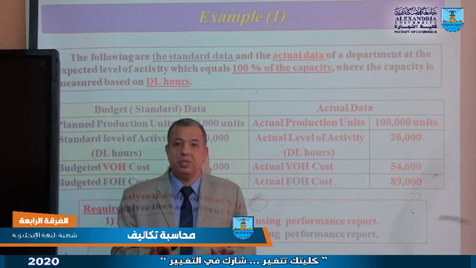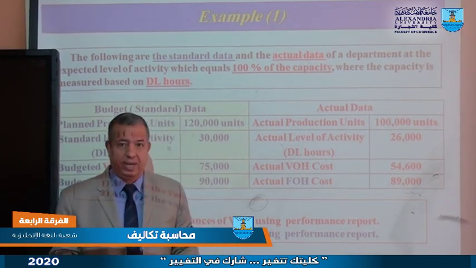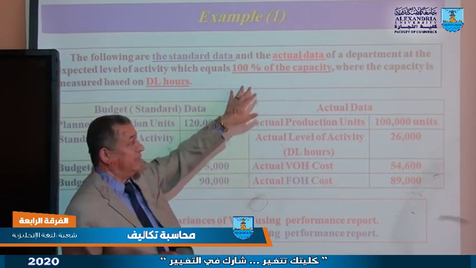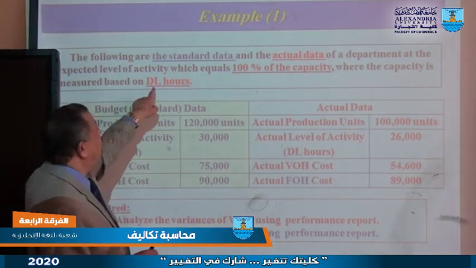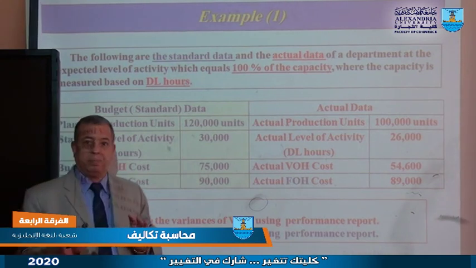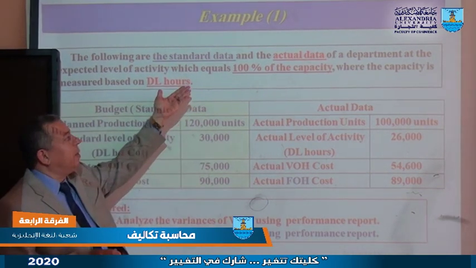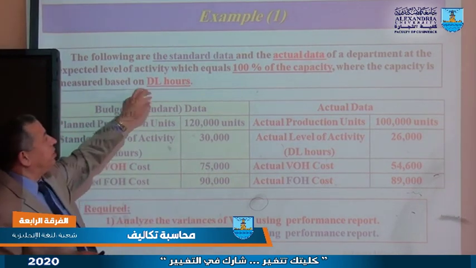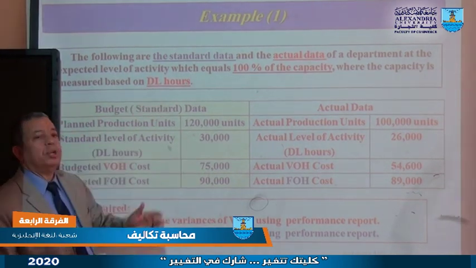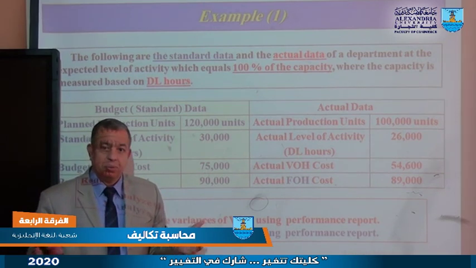But let me assume today the very simple case that my capacity is 100%, where the capacity is measured by direct labor hours. I will measure my capacity or prepare my budget using direct labor or machine hours, it makes no difference. Okay?